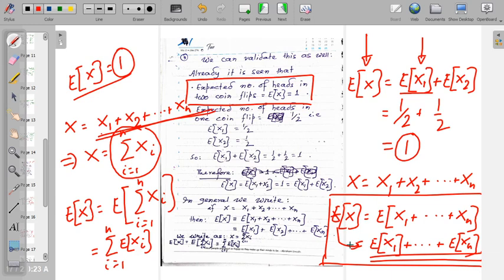What are we actually trying to find for the coin flip experiment? What is your roll number? 182.